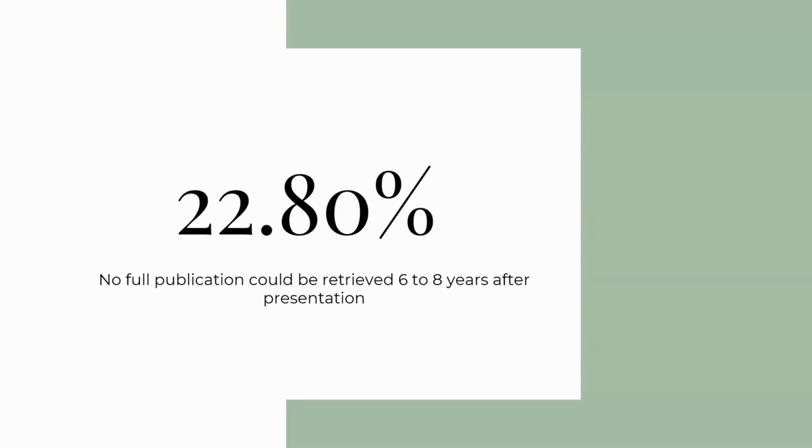In this cohort study, we found that we couldn't retrieve a full publication for around 20% of the conference abstracts that we looked at 6 to 8 years after the presentation.